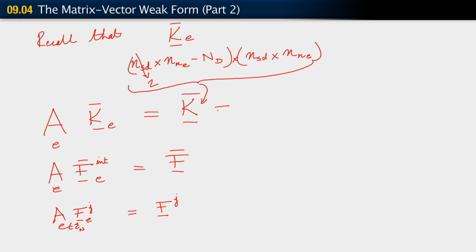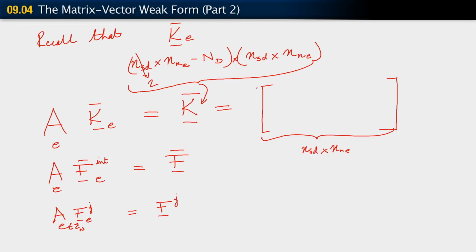So if you look at K bar, what we will see is that, in general, it has fewer rows than columns, right? These are number of spatial dimensions times NNE, right?